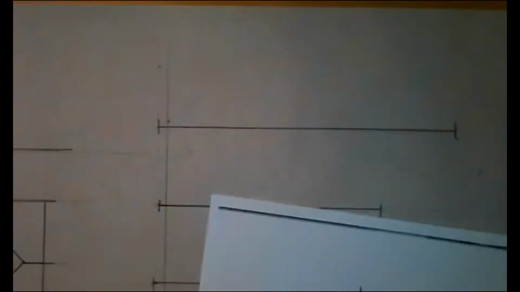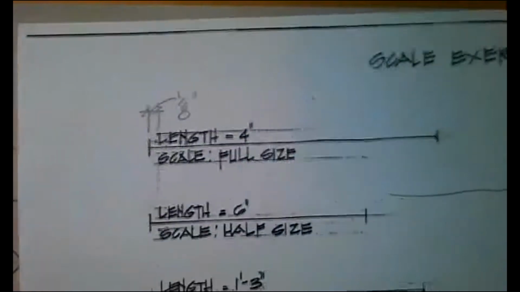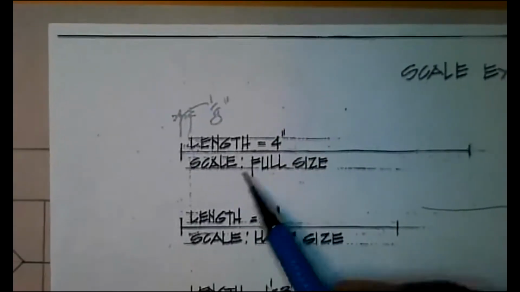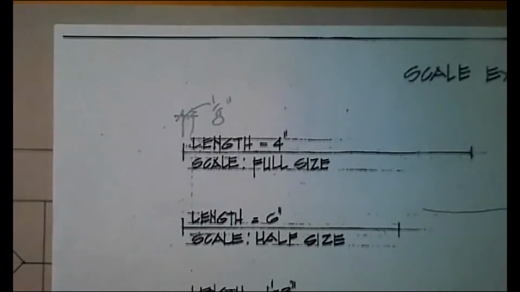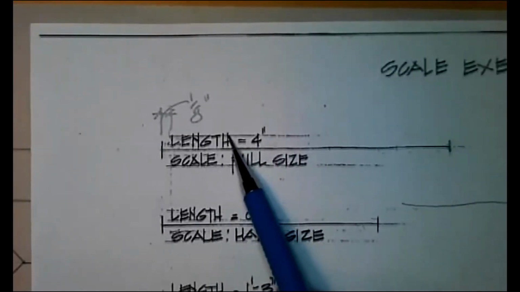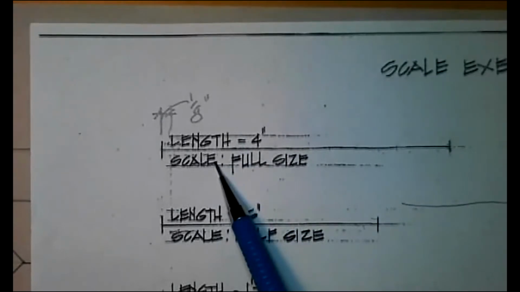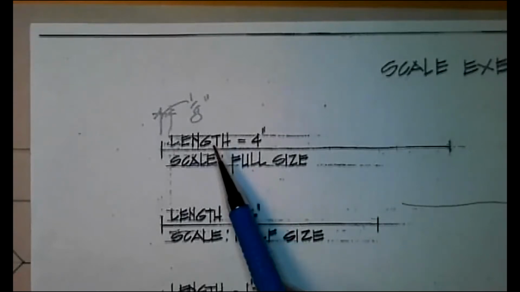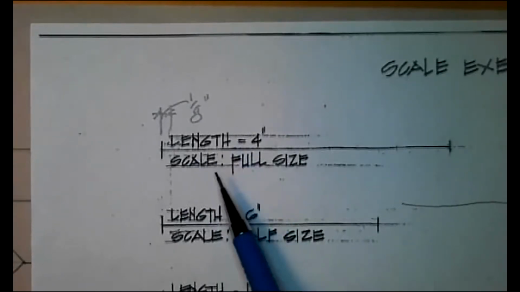All right, so now we're going back to the top to our length equals 4 inches line. Now, we know that all the text is going to be 1/8 of an inch high, because all notes and dimensions for architectural drawings are 1/8 of an inch high, and these are notes.